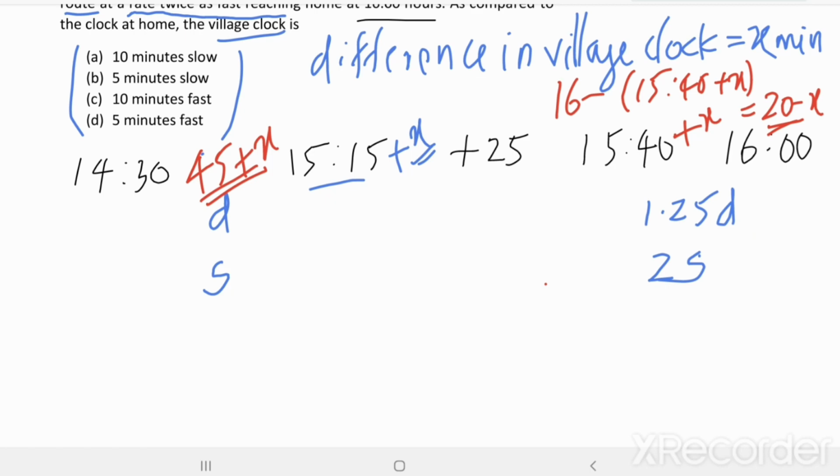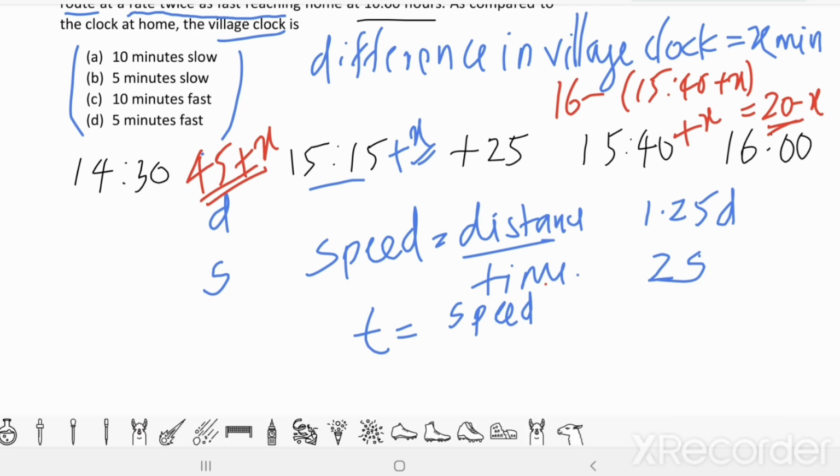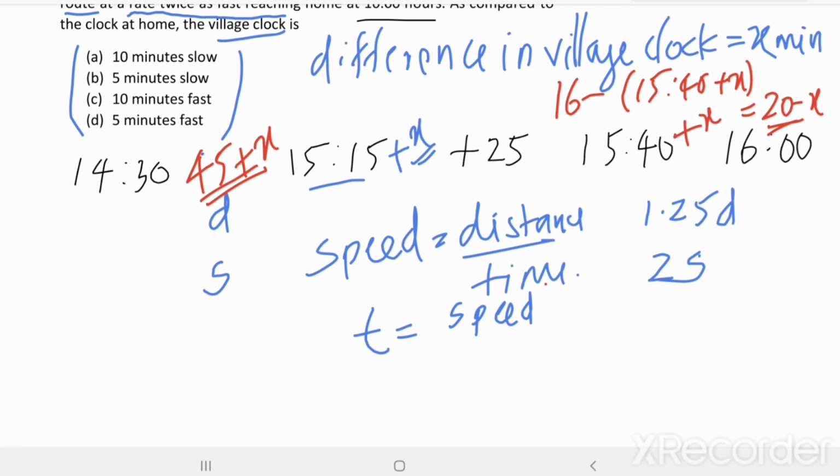Then we know speed equals distance divided by time. From here, time equals distance divided by speed.